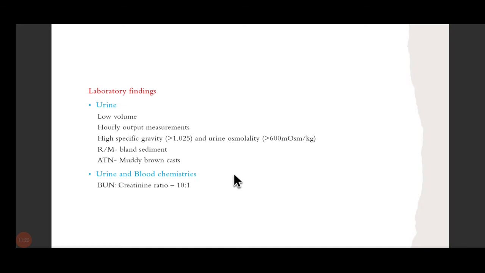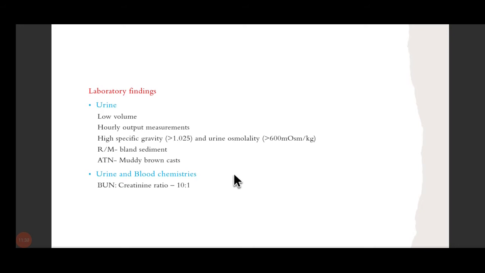Plus, the specific gravity is rather high. It is more than 1.025, and the urine osmolality is also more than 600 milliosmol per kg body weight.